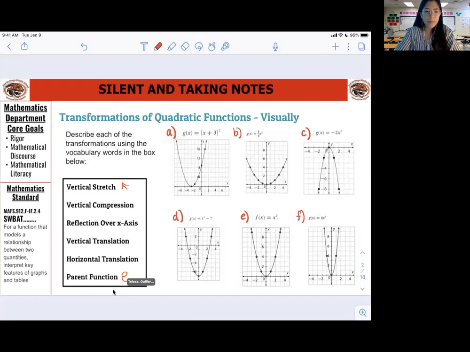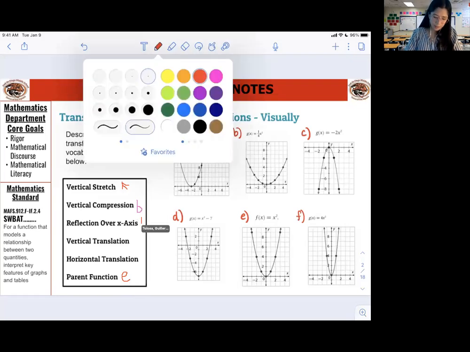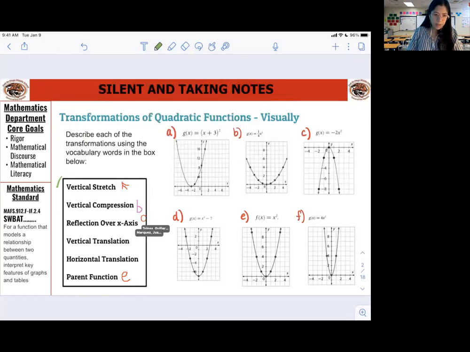All right, so parent function is E, that's good. Vertical stretch is F, that's also correct so far. Vertical compression, that's B, good. Reflection is C, good.